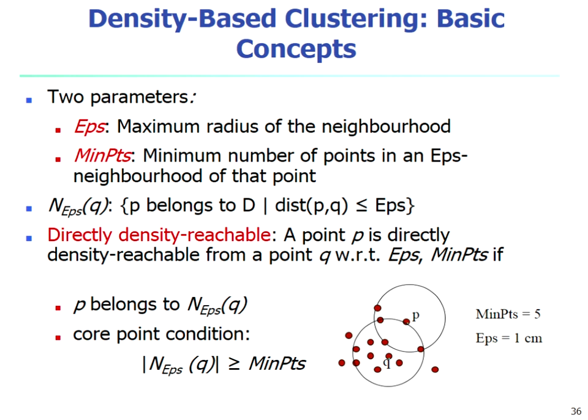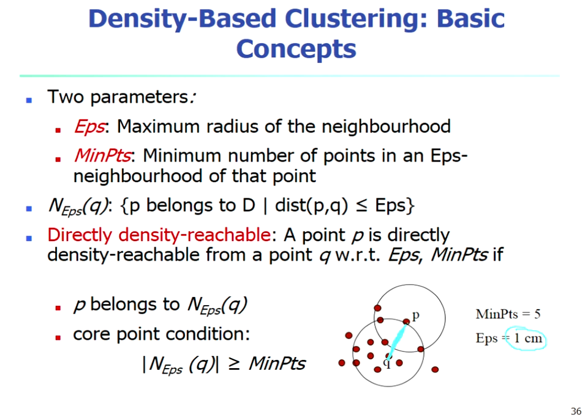Because P belongs to N_EPS of Q. That means the distance between P and Q is less than or equal to 1 centimeter. In our example, it is equal. And the second condition, the size of N_EPS of Q is more than MinPts.